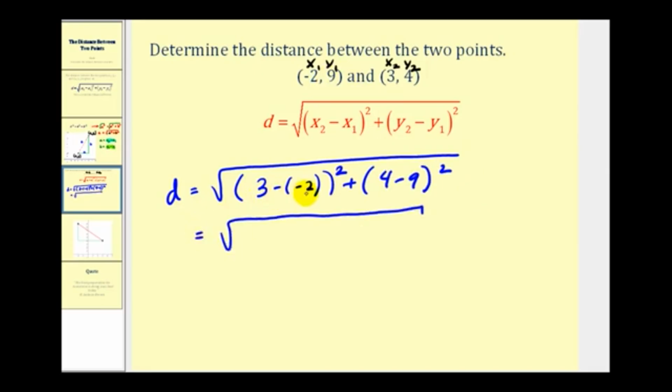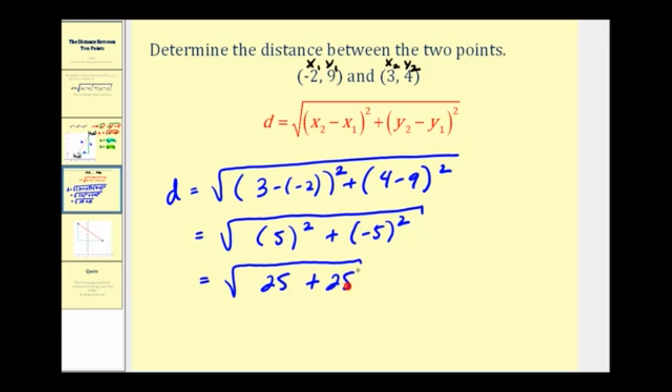Well, 3 minus -2 will become 3 plus 2, so this will be 5 squared, plus 4 minus 9 is -5, so we'll have -5 squared. Well, 5 squared is 25, and -5 squared is also 25, so our distance is equal to the square root of 50. Now at this point, it really depends on what class you're taking.